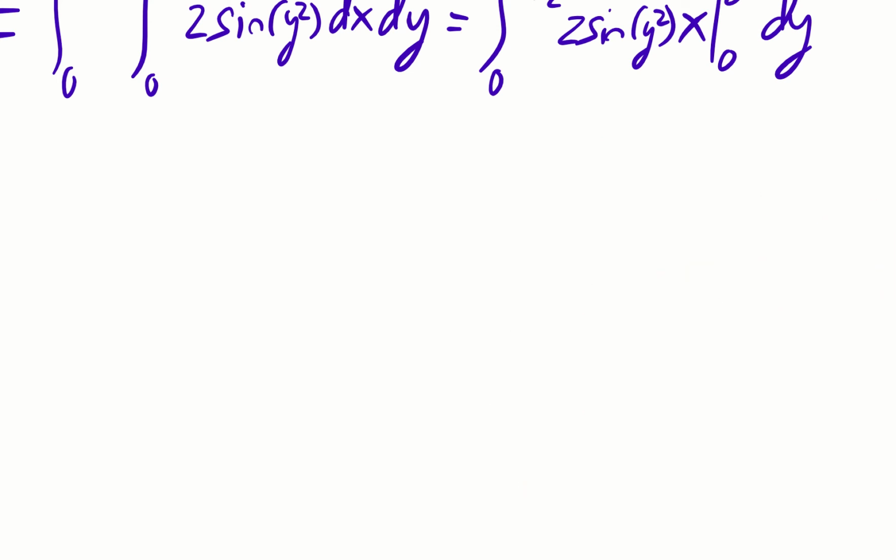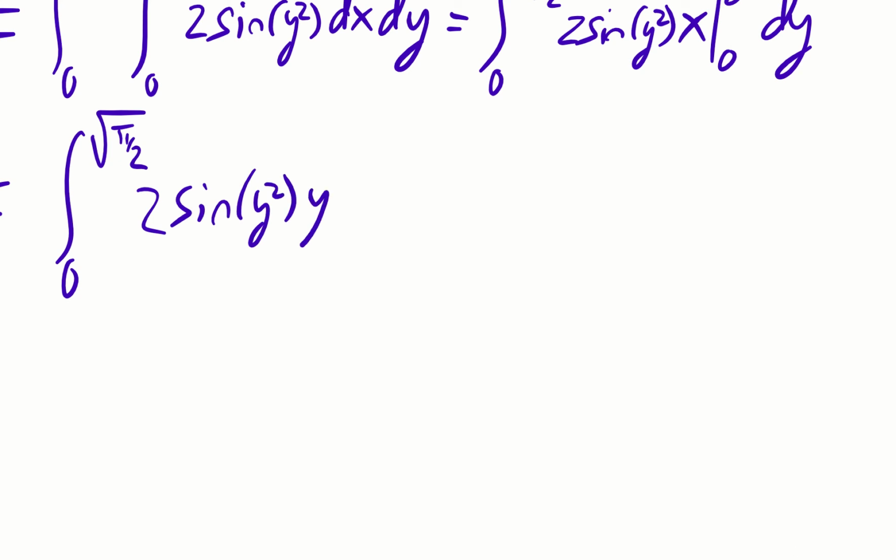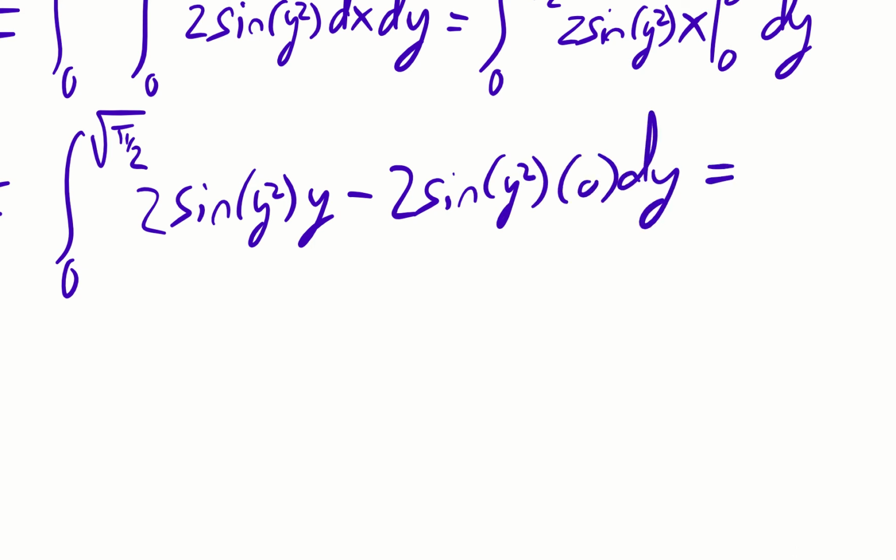When we substitute in y for x, it will produce the following. We're going to have the integral from 0 to the square root of pi over 2. This will give us a 2 sine y squared times y minus 2 sine y squared times, when we plug in the lower limit of integration, 0, dy.